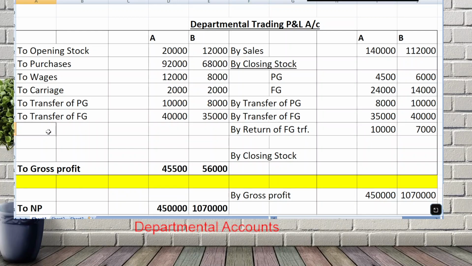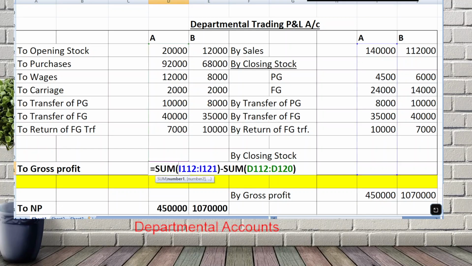Just credit the giver, debit the receiver. To return of finished goods transferred: how much? 7,000 and 10,000. Tally it. You will get the gross profit.